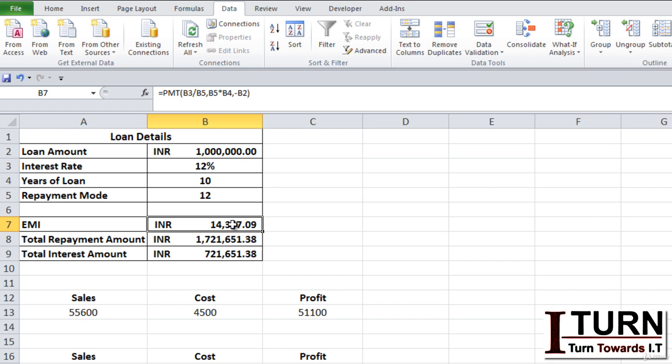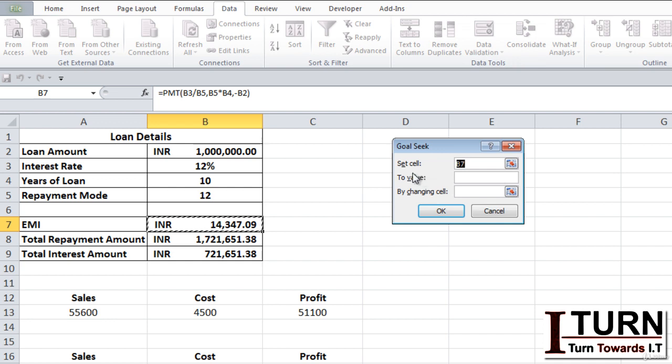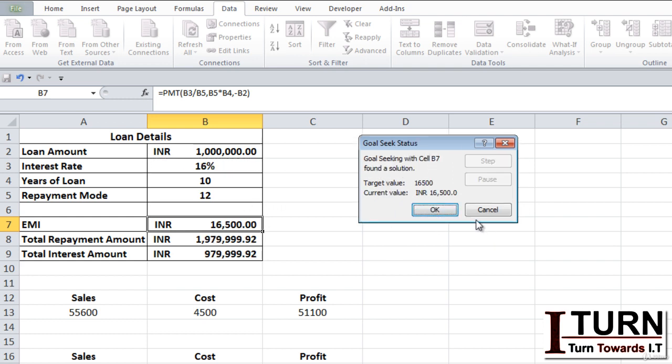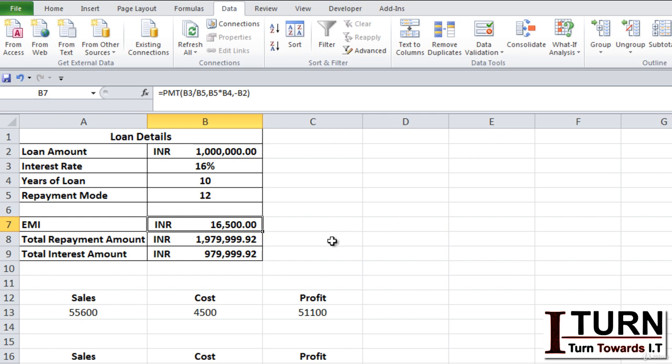What-If Analysis, Goal Seek, set cell is B7, and the value that I want is 16,500. By changing which cell value? Interest rate. And I'm going to click on OK. So I have informed my dear friend that they are not charging 12% rate of interest, they are probably charging 16% rate of interest.